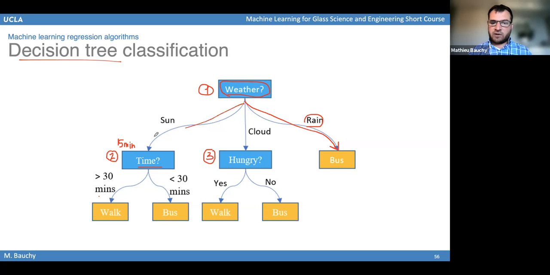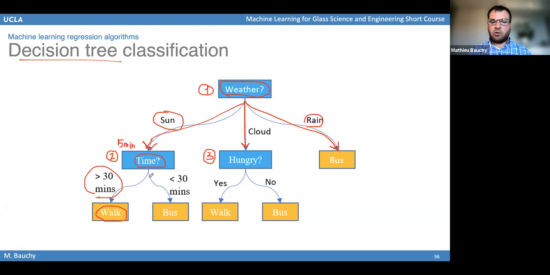Then if it's sunny or cloudy, where you're not sure yet if you're going to walk or take the bus, that will depend on other features. So if it's sunny, then you will say, okay, I'm just going to look at how much time I have. If I have a lot of time before my next meeting, then I'm going to walk.